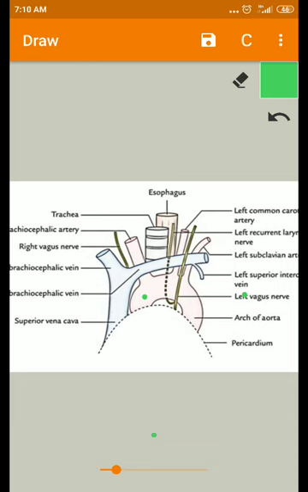At the region of the brachiocephalic veins and arteries, you'll have the brachiocephalic lymph nodes, and also the tracheobronchial lymph nodes, at the junction where the trachea divides into bronchi. So these are the contents present in the superior mediastinum.